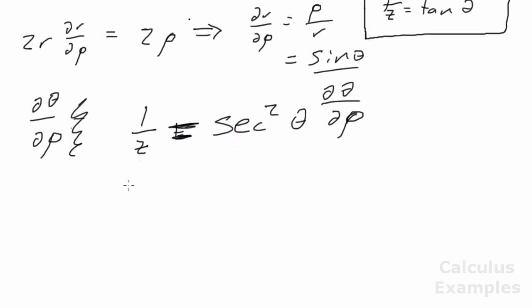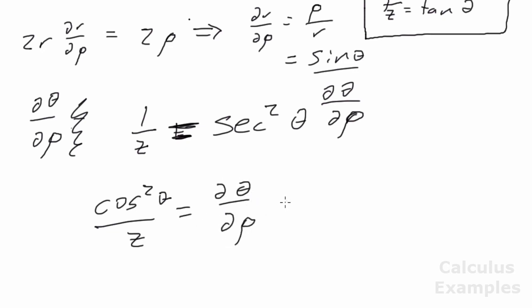So we can move that to the other side, which gives us cosine squared theta over z equals partial of theta with respect to rho. But we also know that z is equal to r cosine theta.